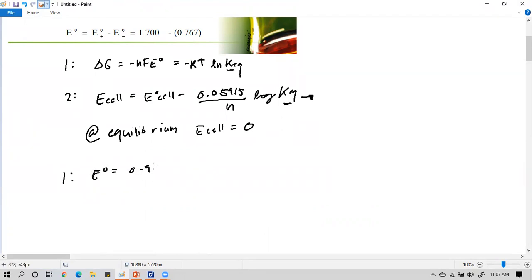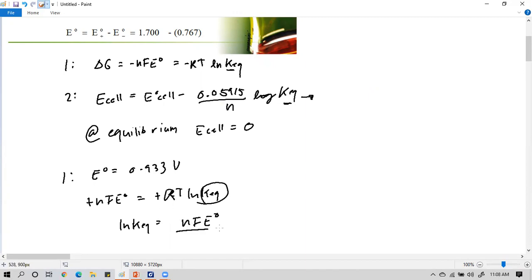So E naught cell equals to 0.933 volts. So, gamitin natin yung method 1, which is negative nFE naught equals to negative RT ln KEQ. So, since this is both negative, so positive na yan, let's isolate for the KEQ. So, how do we do that? First, ln KEQ equals to nFE naught all over RT.